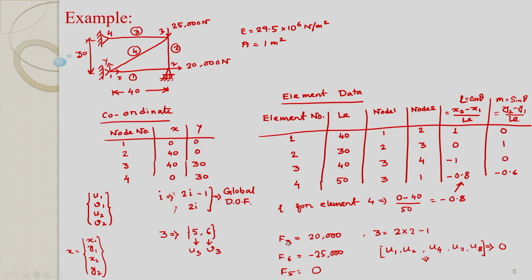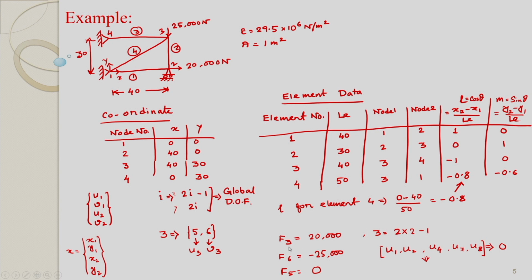This 3 is the global degree of freedom because this is corresponding to node 2 in x direction. So, we know for global node i, the associated global degrees of freedom are 2i minus 1 in x direction and 2i in y direction.